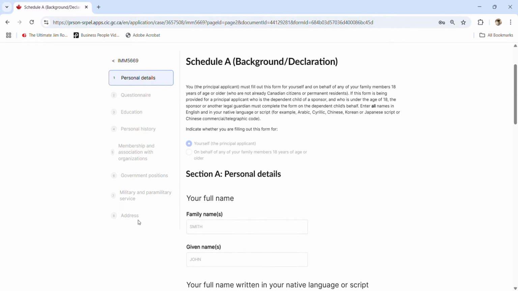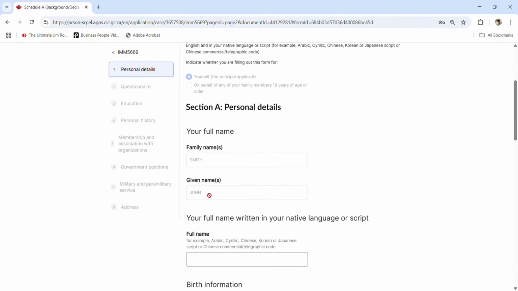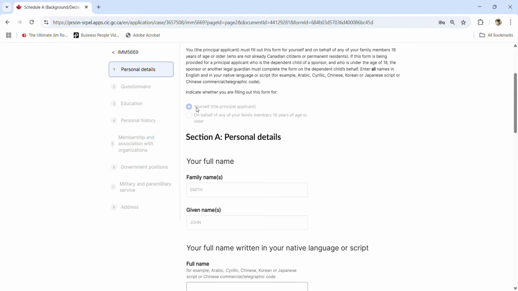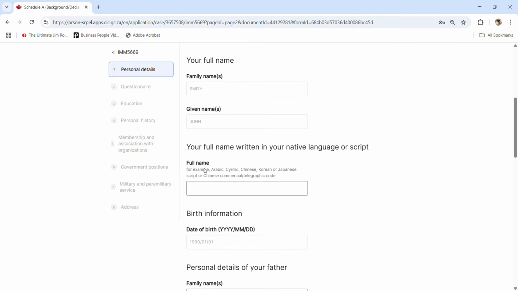It has 8 sections. Section A, personal details. John Smith, it will come up directly in here. Okay, and in here as well, John Smith is a principal applicant. In Section A, family name and given name are automatic in here, and full name in your language if you have one, for example if you are Arabic or Chinese or Korean or Japanese, then you can put it in here.